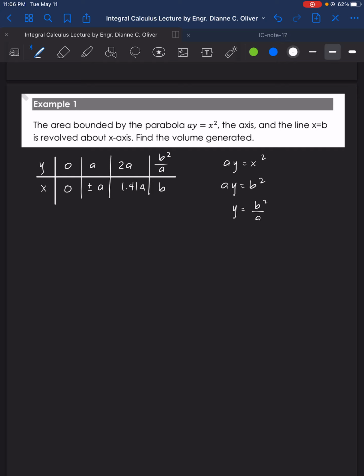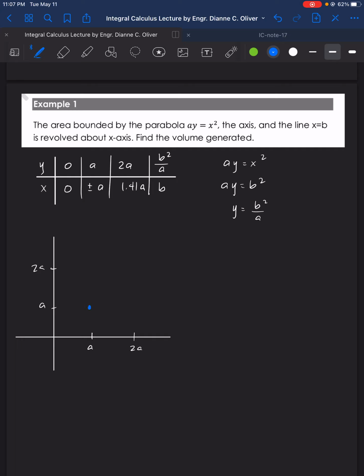Okay, so let's sketch the curve. We have here the x and y axis. Since we are sketching, even though we don't get the perfect figure, at least we were able to sketch it. If we say this is a, a, let's have the curve at (a, a).